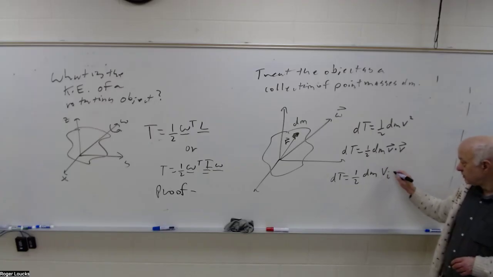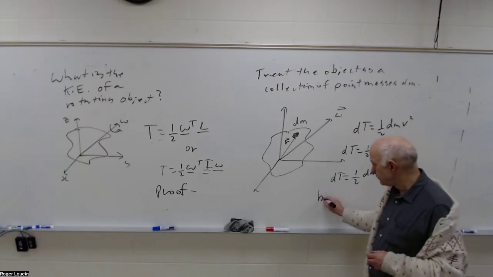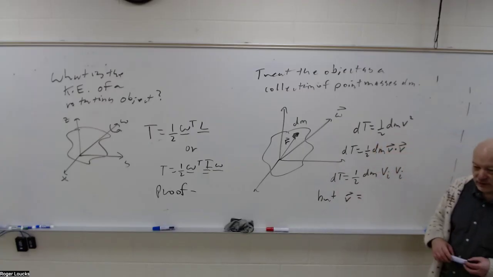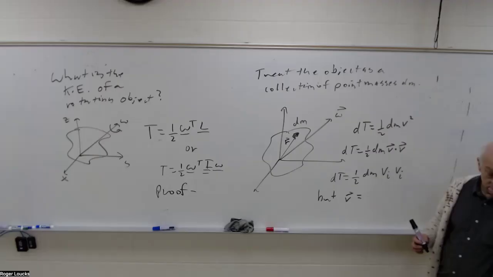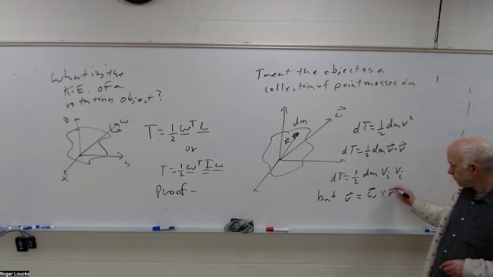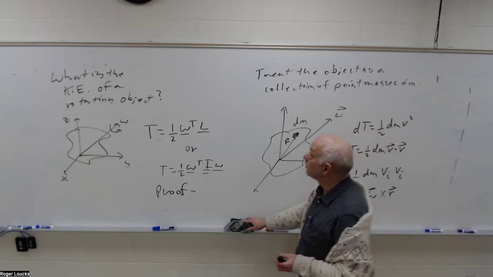V_i V_i. Now, what do we know about V? We proved earlier that V is omega cross r. Now I need to put the ith component in here, so you tell me what I'm going to put in.